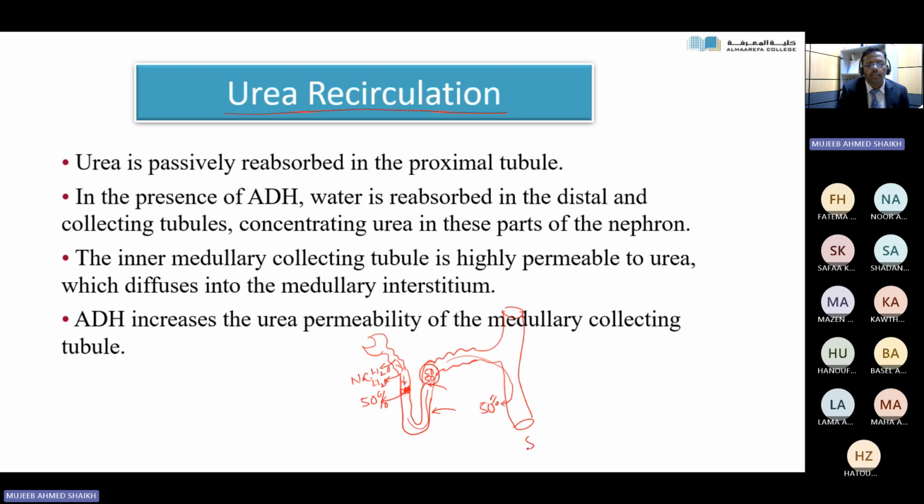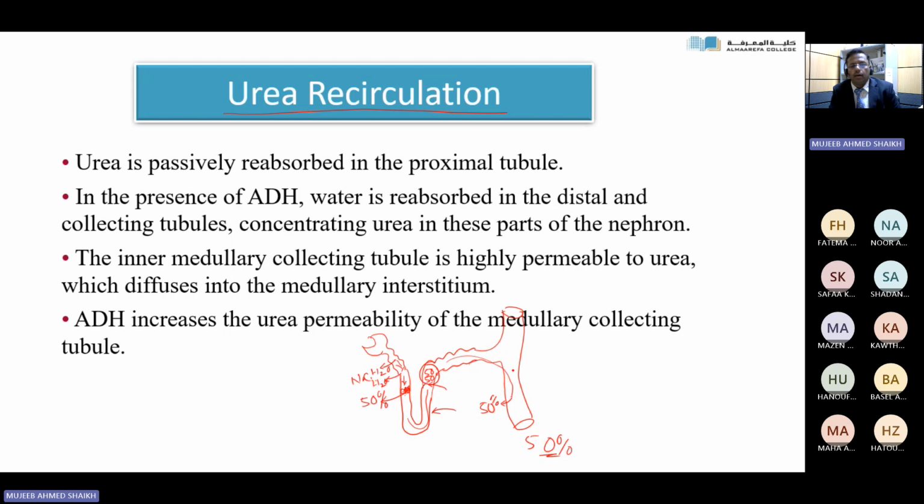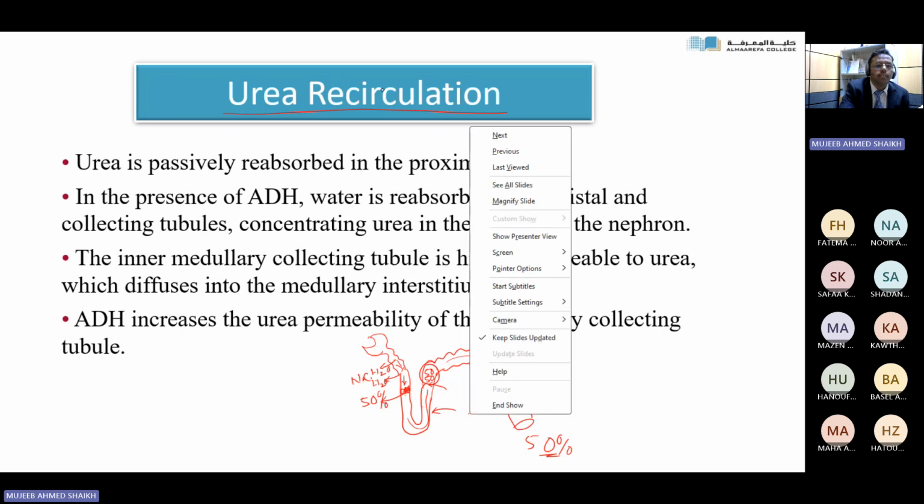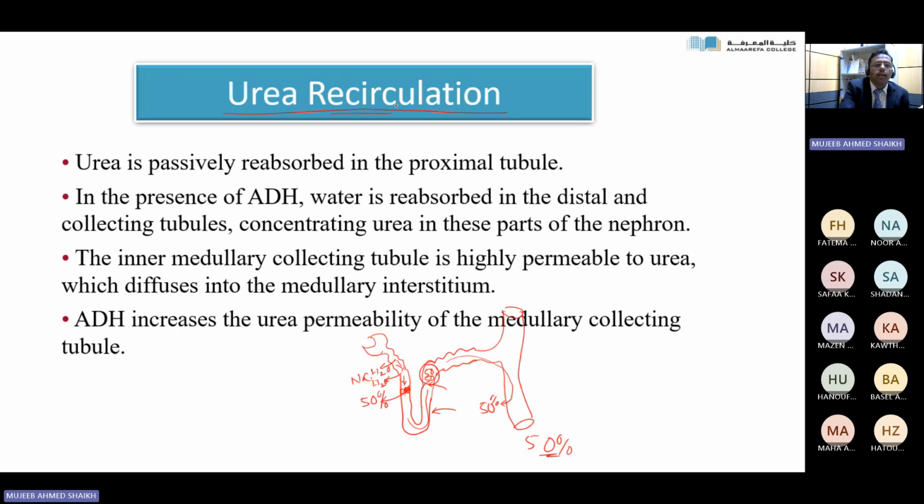So how much urea is lost? Only 50%. This is the normal circulation of urea. Urea comes out into the interstitium, then goes into the fluid, then comes out into the interstitium again. This is called urea recirculation.